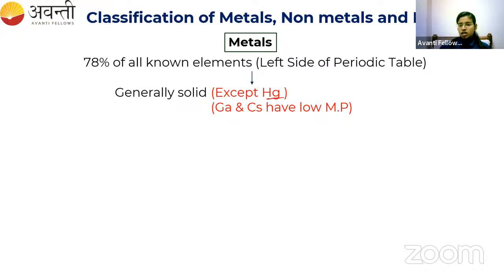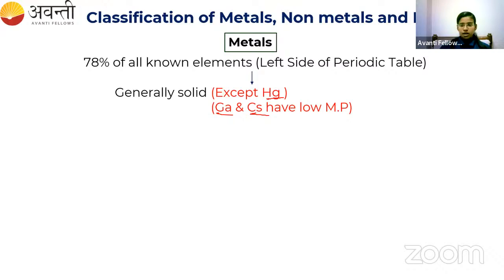It is a liquid metal. Also we have gallium and cesium which have very low melting points. Very low means even if you keep a gallium metal in your hand, just your hand temperature or the room temperature is enough to melt that metal.